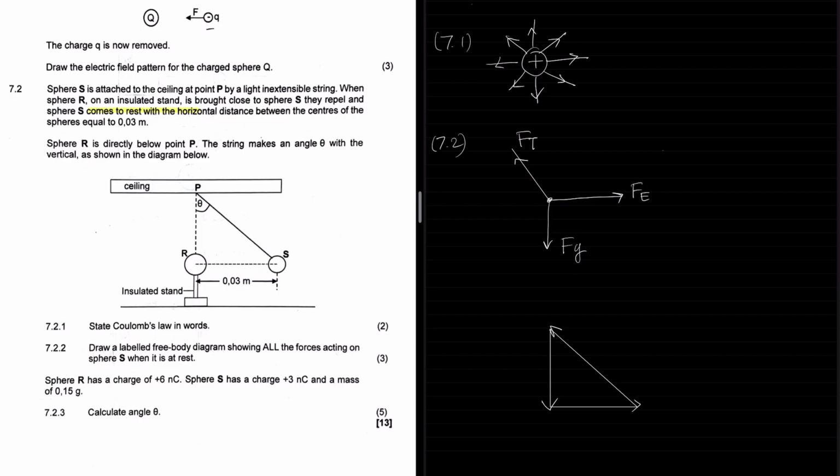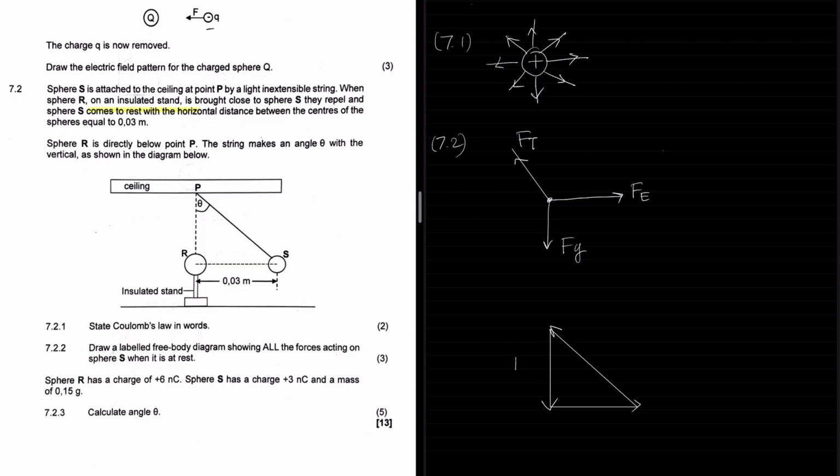So when you draw your triangle, you should be able to draw a head-to-tail triangle. You can see in this triangle right here, all of the arrows are touching the tail of the next arrow. Now let's put in our labels.